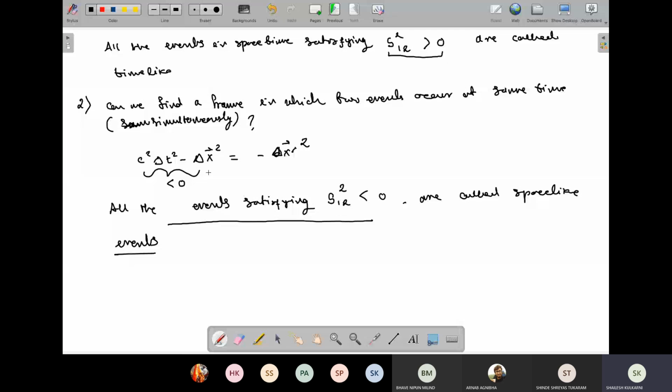It implies that the nature of events, namely time-like and space-like, is an invariant concept.